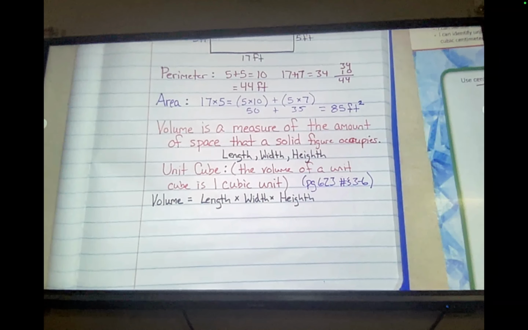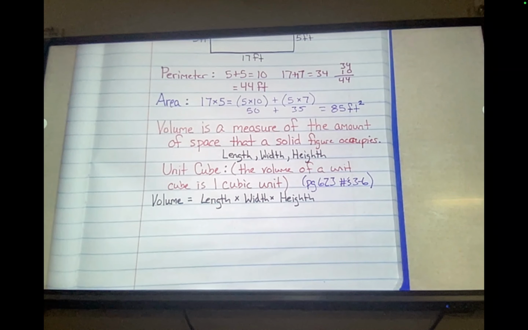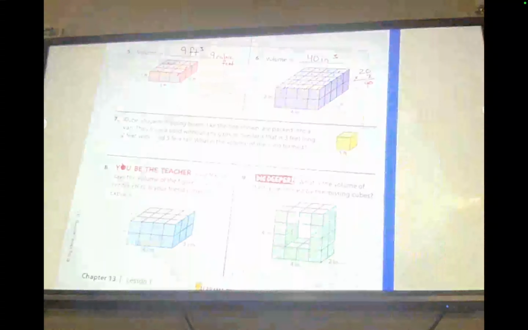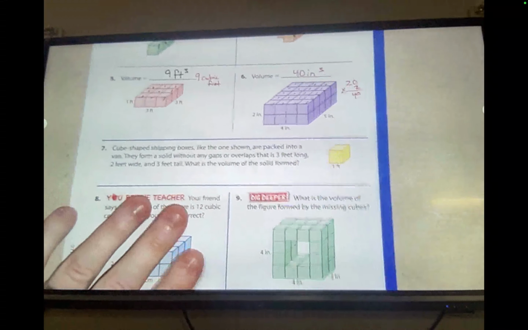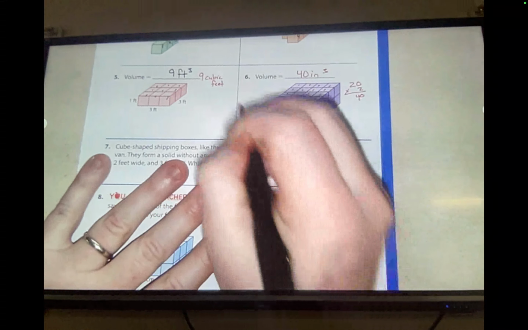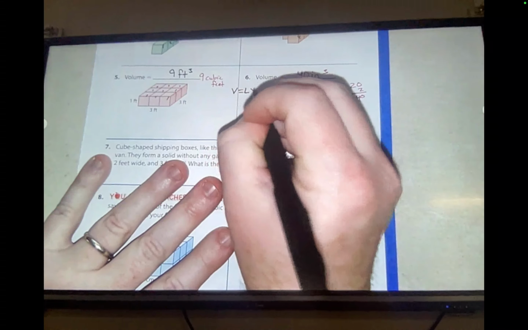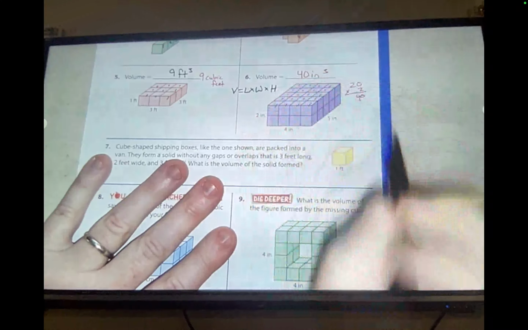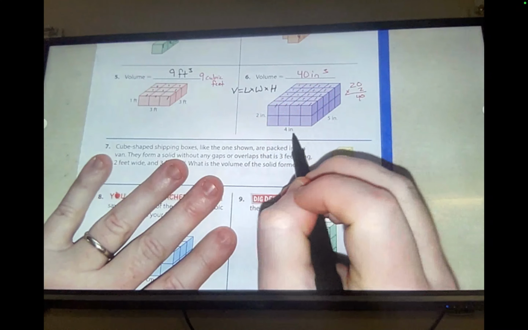So for example, if we go back to the shape that we had just a minute ago, I just lost my book. Where did I put it? Oh, I put it right on top of it. If we go back to this problem right here, and we go with volume equals length times width times height, the length would be right here.